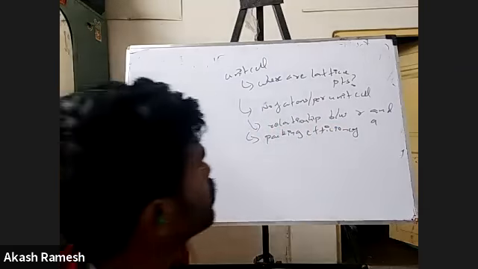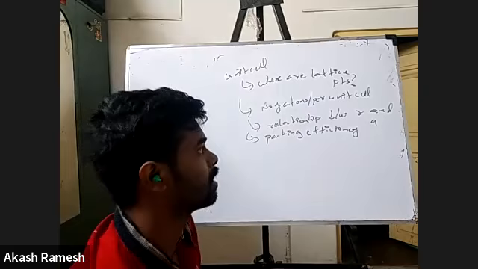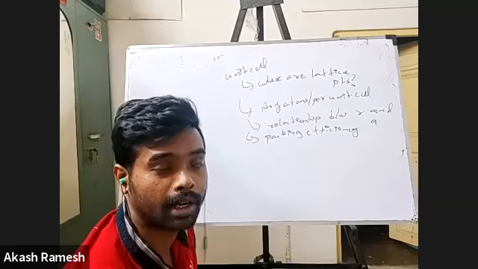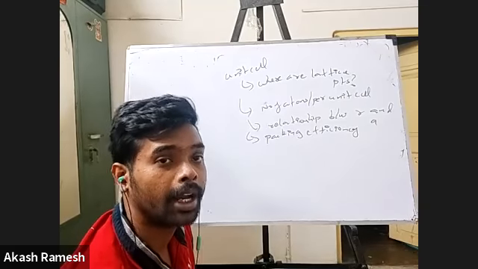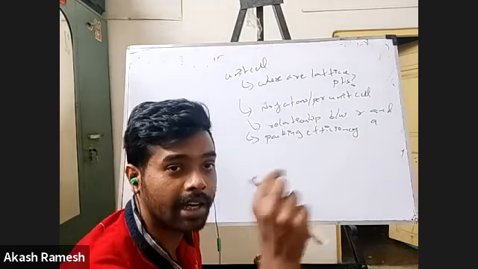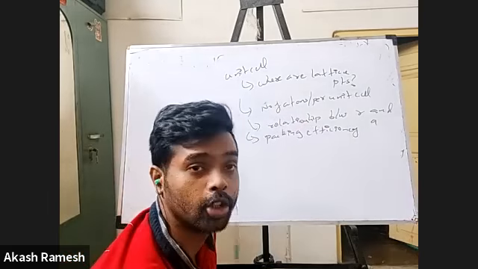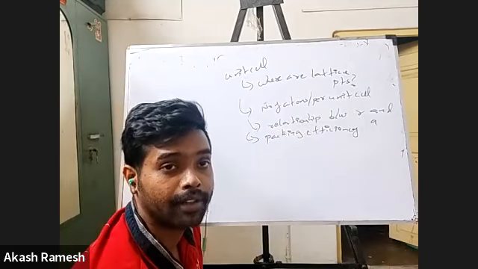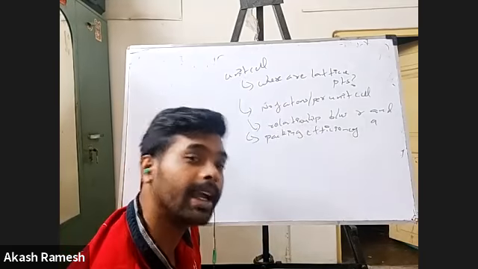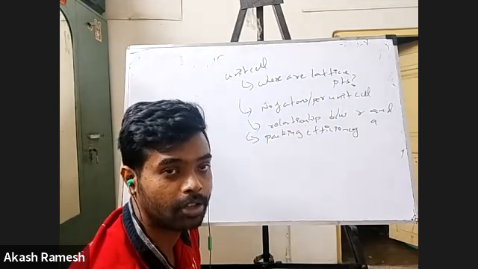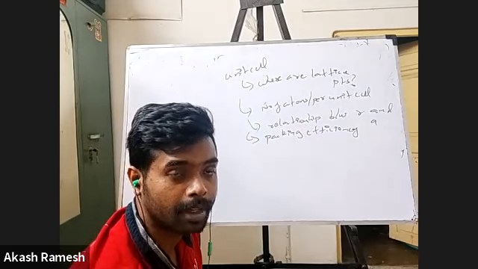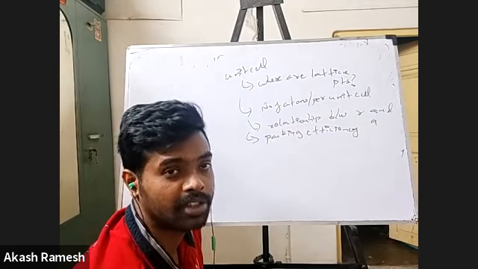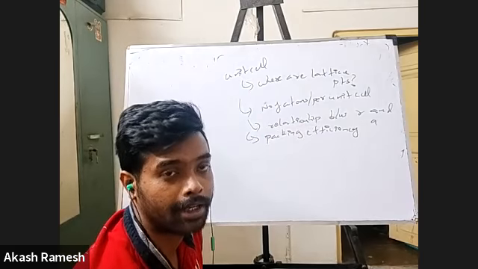For example, if I take simple cubic, we know where all the lattice points are. At all the 8 corners of the cube, you have lattice points. And from each lattice point, you can draw 8 different cubes, from one point, one corner. So that particular point is shared by 8 unit cells. So the contribution would be 1 by 8 to that particular unit cell. And there are eight such corners, so 1 by 8 into 8 becomes 1 atom per unit cell.